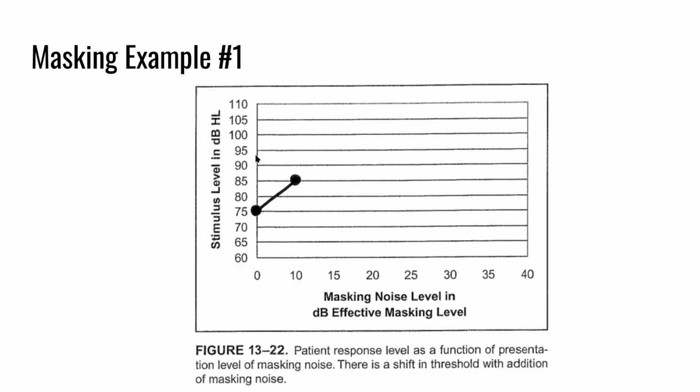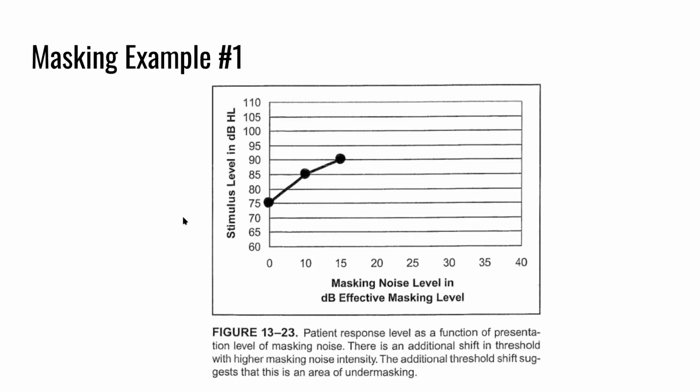After we reestablish, we see that the test ear threshold shifts from 75 to 85 dBHL. Now what do we do? We add more masking. How about 5 dB more masking? Actually, we'll add 5 more dB of masking, going from 10 to 15 dB effective masking level.